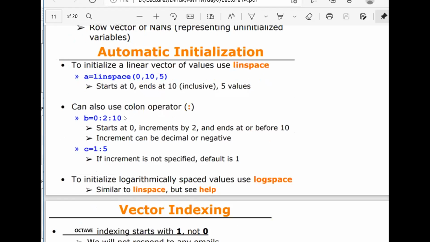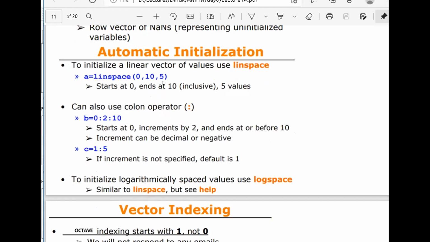Okay, so let's jump into this one. This one is very useful when you plot a graph. With linspace, you discretize. So this one starts from 0 and ends at 10, and the increment is 5 here.